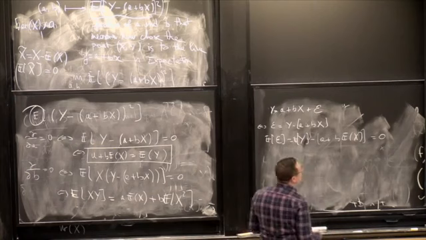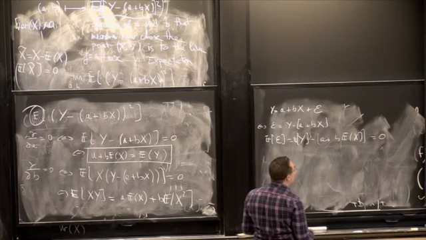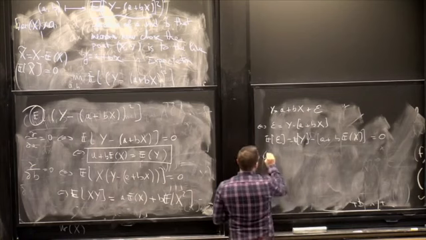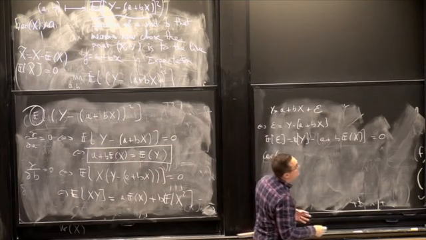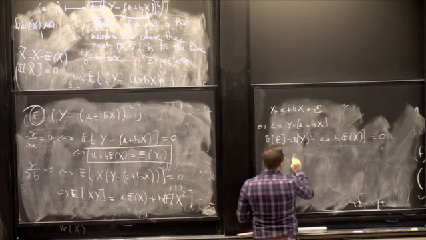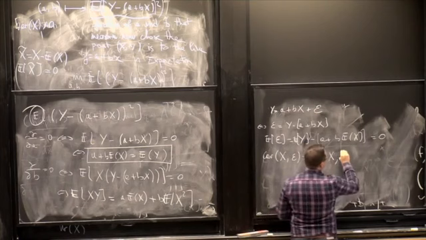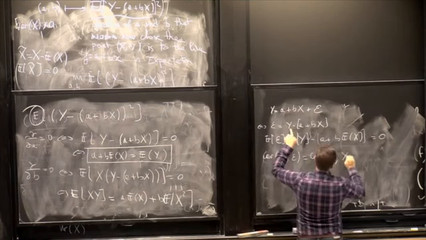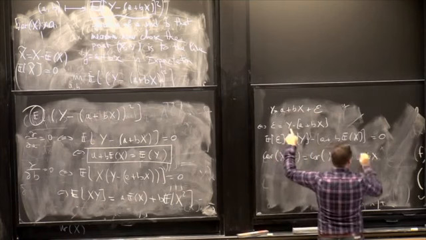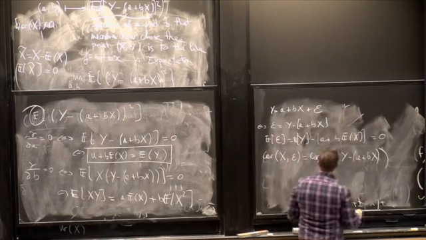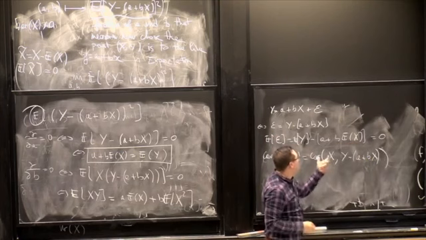Now, the covariance between x and epsilon is what? Well, it's the covariance between x and, well, epsilon was y minus (a plus bx). Now the covariance is bilinear.